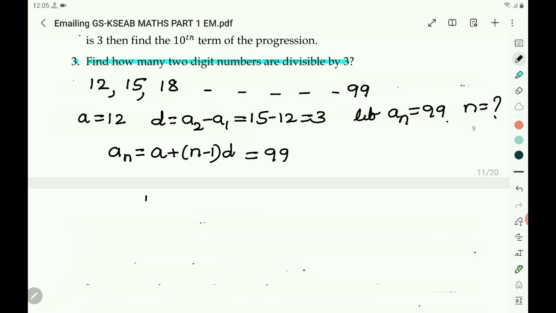Then a is 12. 12 plus n minus 1, d is 3, equals 99. Transfer this 12 to the RHS. Write n minus 1 into 3 on the LHS. n minus 1 into 3 equals 99 plus 12 becomes minus 12.